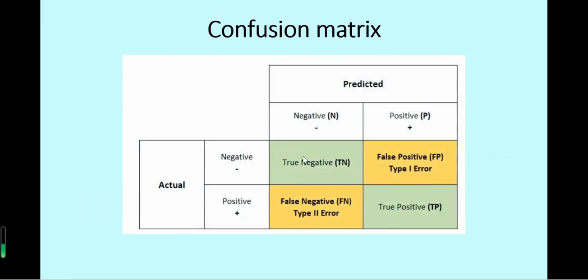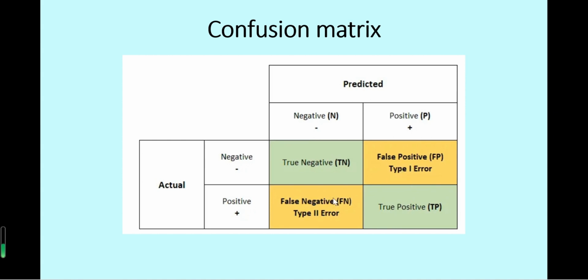So this is the true negative, which means the actual value is negative, for example non-5, and the model also classified it as non-5. This is the true negative, in green. And this field represents the true positive, because the actual value is positive and the predicted value is also positive.